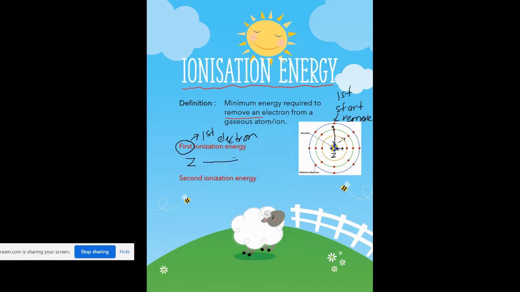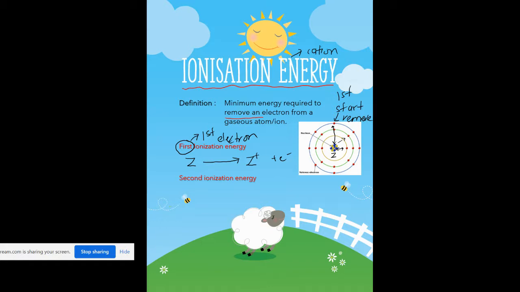When one electron is removed, what happens to Z? Z will be Z plus. So ionization energy is the process of forming a cation, not an anion. Anion has a different process.